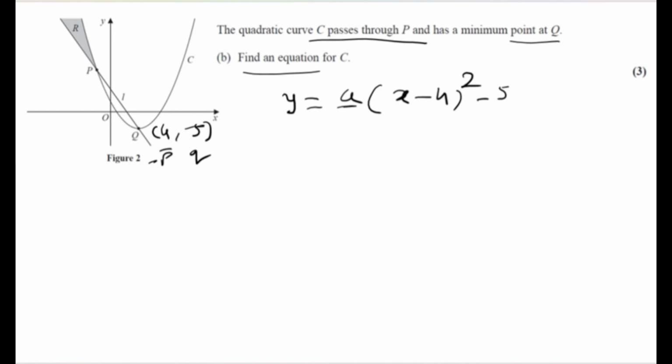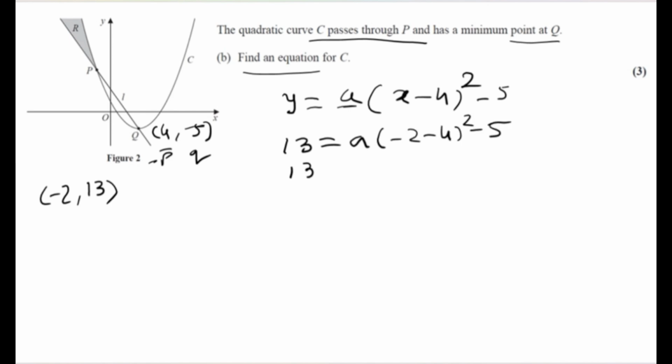Now, to find the value of a, we can use any other coordinate, which is coordinate P. So coordinate P is (−2, 13). So I am putting in 13 = a(−2 − 4)² − 5.